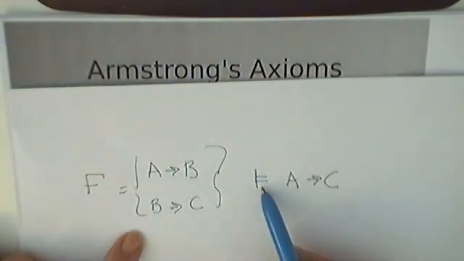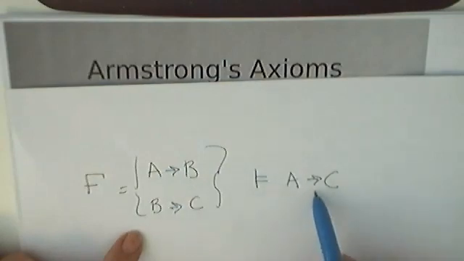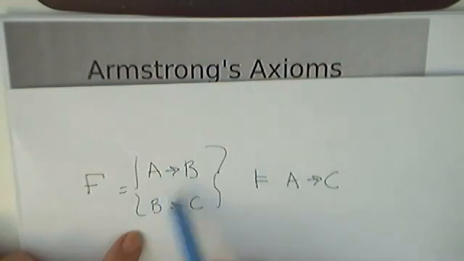This right here is semantic entailment. Do these functional dependencies always mean that this functional dependency also holds? The answer is yes, because this is a transitivity rule.